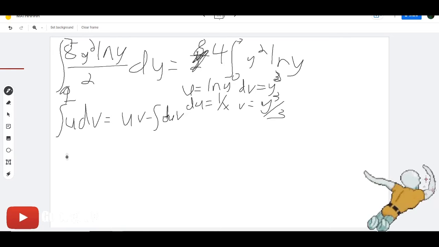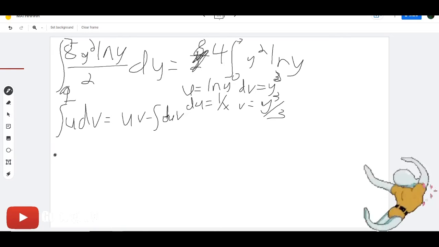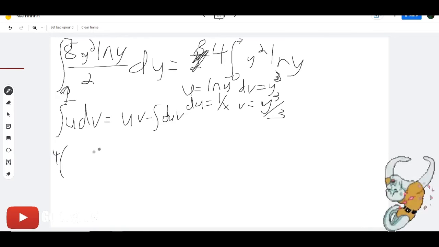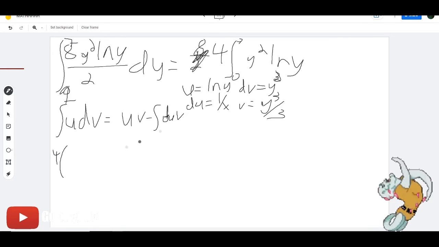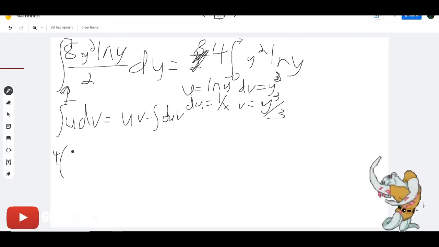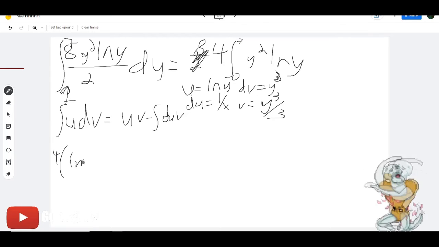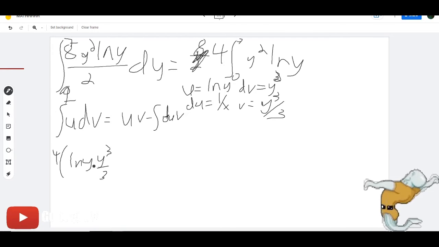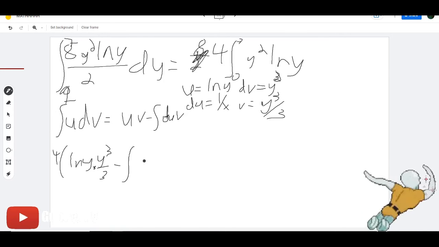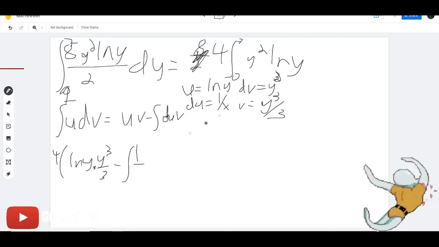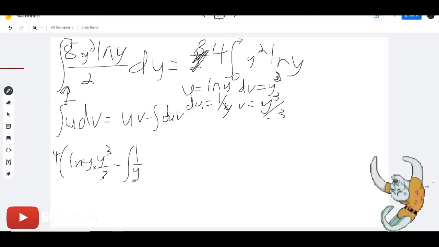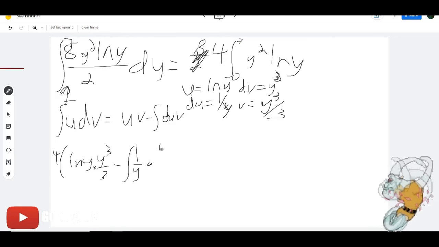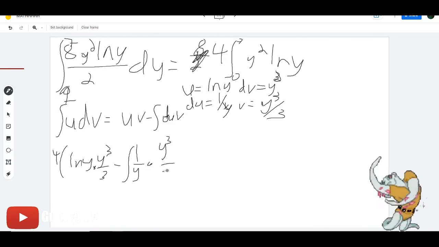So now this is equal to 4 times ln y times y cubed over 3, minus the integral of 1 over y times y cubed over 3.